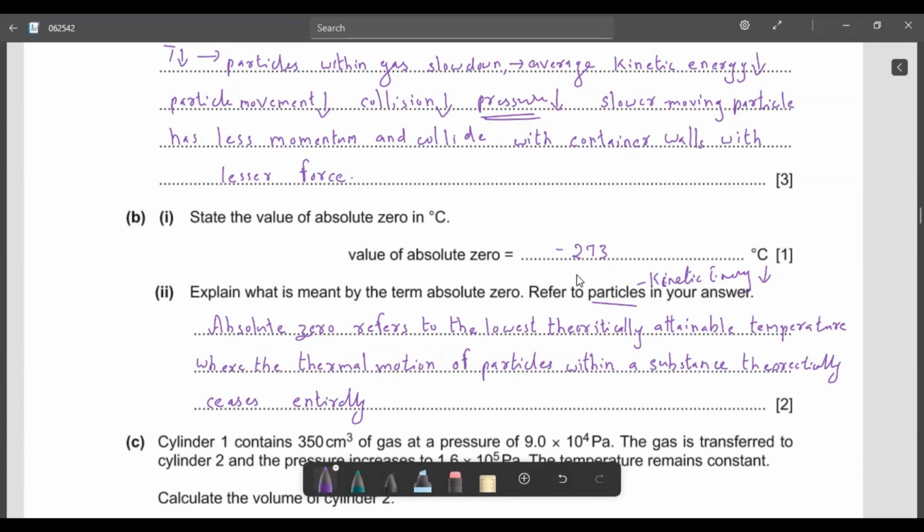So at this temperature, particles would possess the least amount of kinetic energy. That is the main point. Kinetic energy will be least at absolute zero.